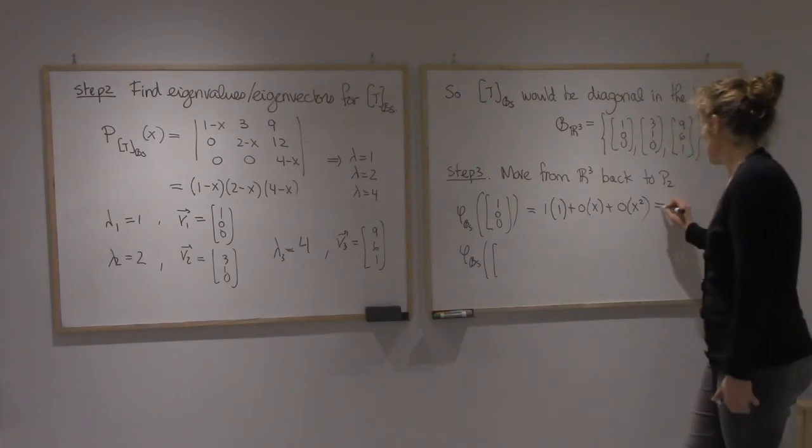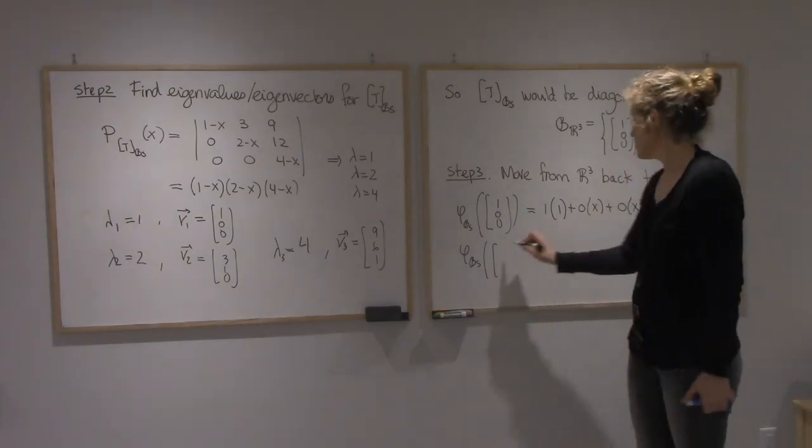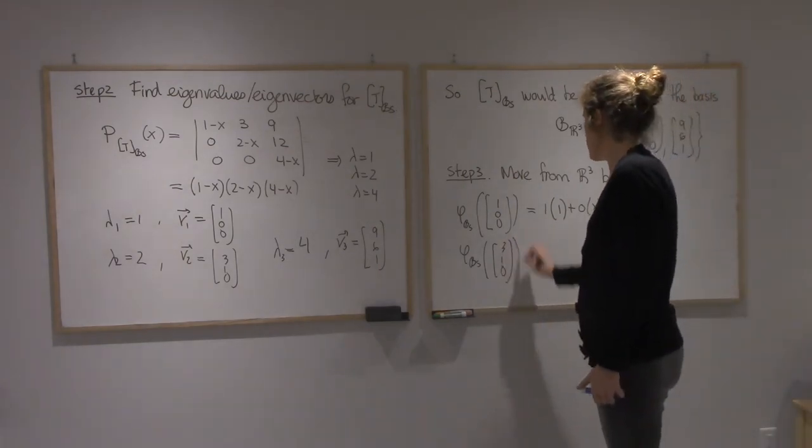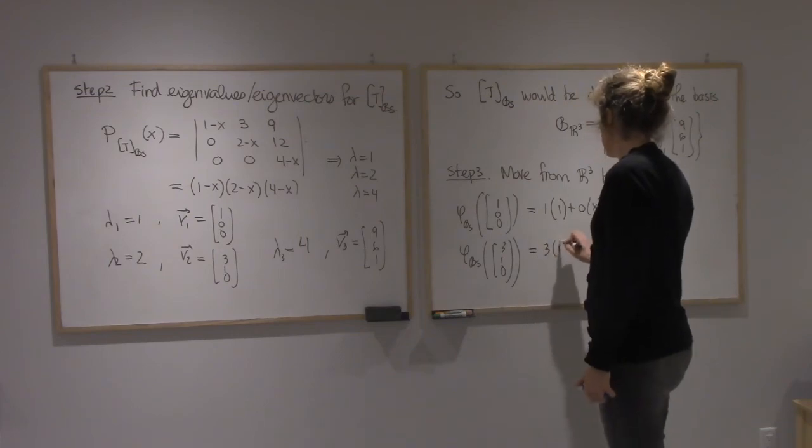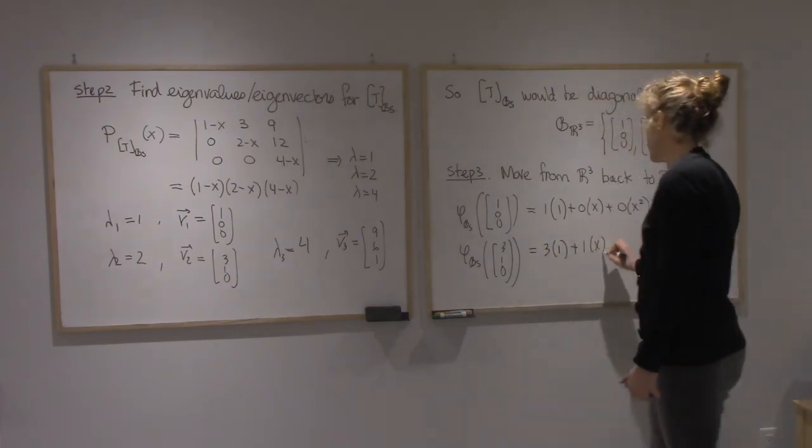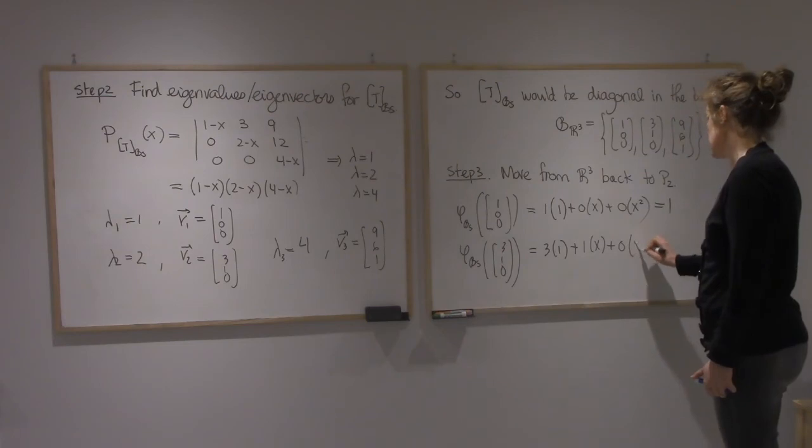So that's just 1. Now the second one is 3, 1, 0. So that will be 3 times 1 plus 1 times x plus 0 times x squared.